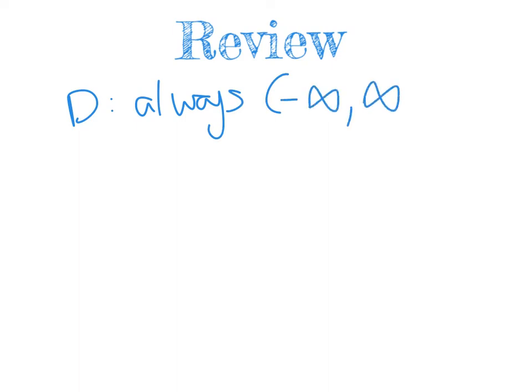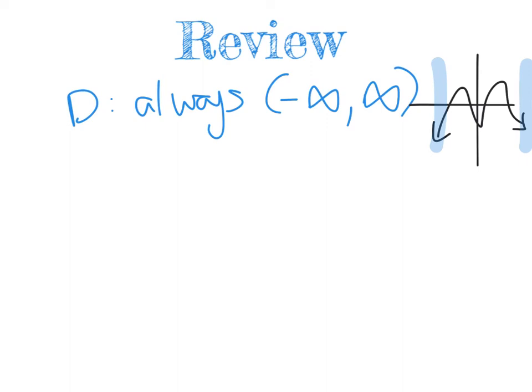Domain: always from negative infinity to positive infinity. Because the graph, as I pointed out earlier, whatever the picture is, the graph will have no boundaries. There's an arrow here and an arrow here, which means the arrow goes from negative infinity to positive. There's no boundaries left and right, ever, for any polynomial.